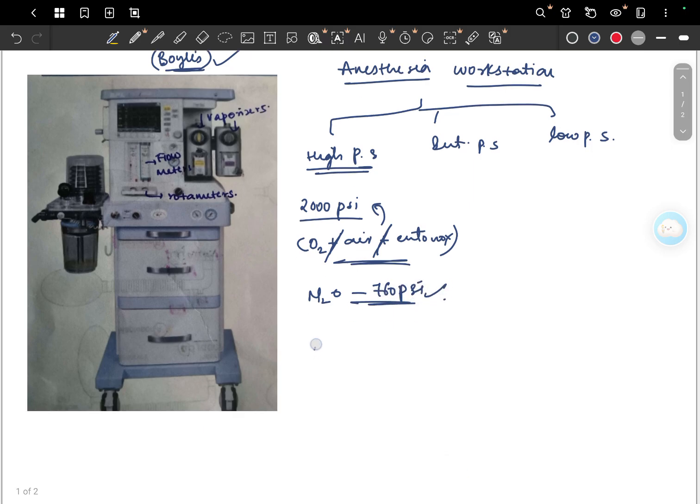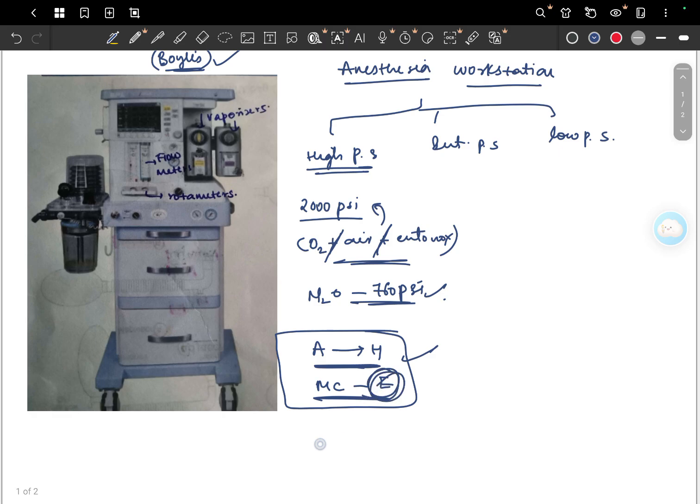Now we have different sizes ranging from A to H, and most common size will be E. These are 2 points you just have to memorize. Molybdenum steel is the most commonly used material, and aluminium and titanium are more MR compatible. However, aluminium is used more than titanium because titanium is expensive and rare when compared to aluminium.